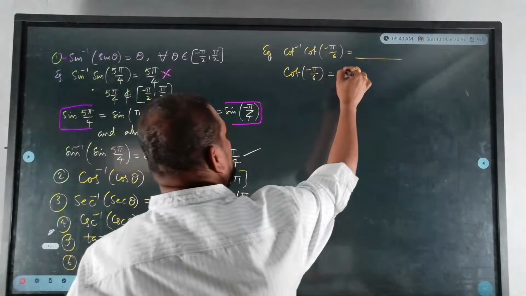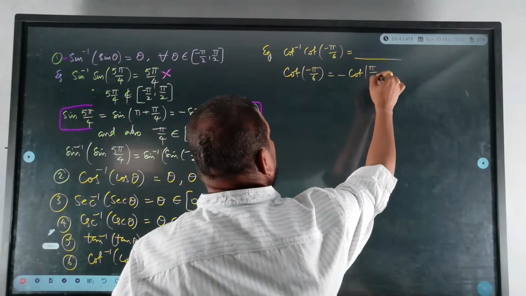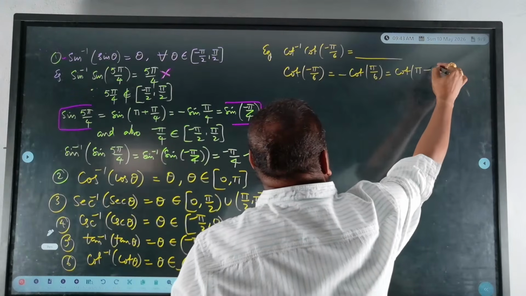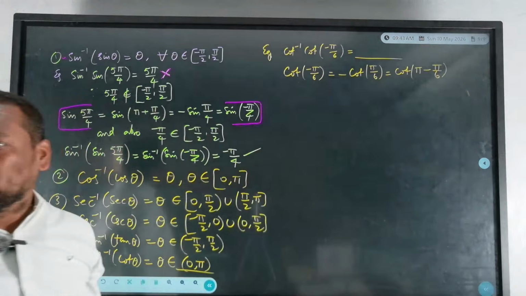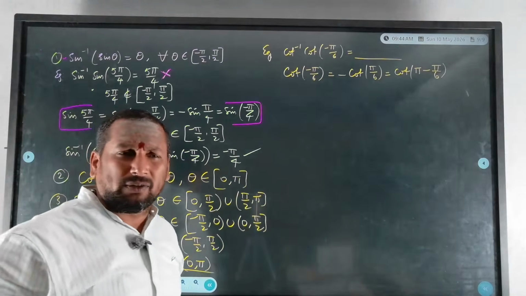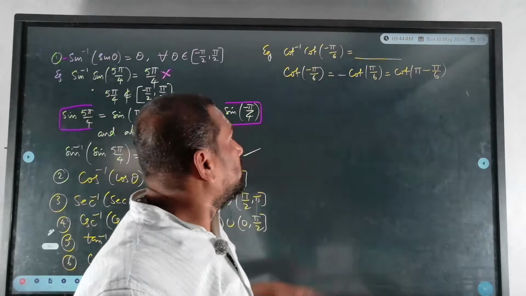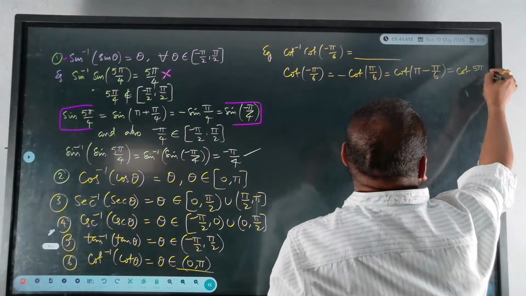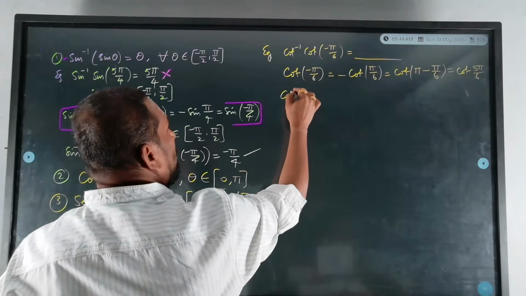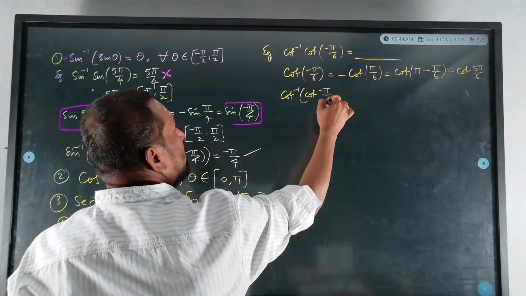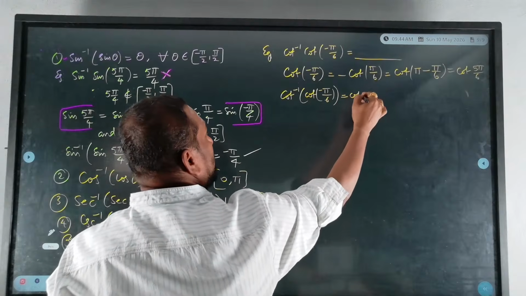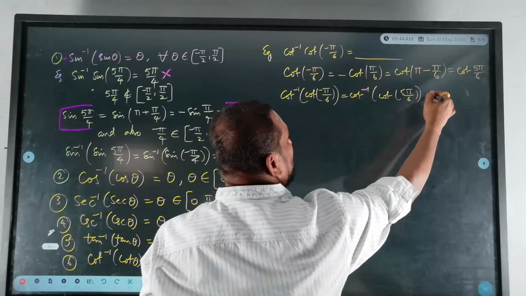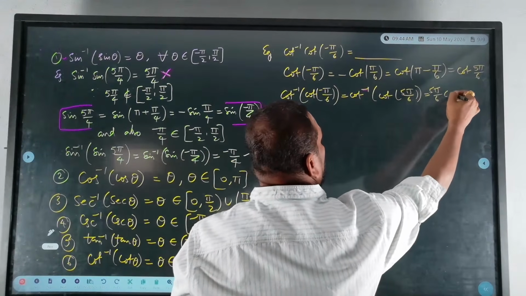Minus cot theta. Minus pi by 6 is nothing but pi minus pi by 6. Sure? Cot of 180 minus theta is minus cot theta. So now cot inverse cot minus pi by 6 is equal to cot inverse cot of pi minus pi by 6, which belongs to 0 to pi.